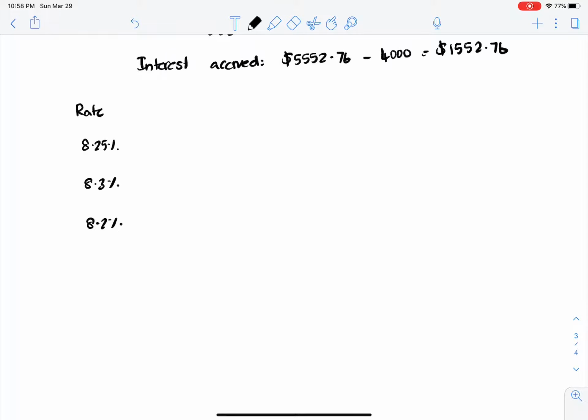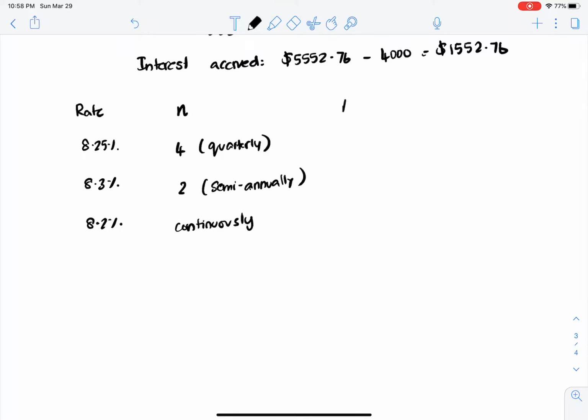The term is fixed, the principal is fixed. n initially was 4 times, that would mean quarterly. 2 times, semi-annually. And the last one is continuously.